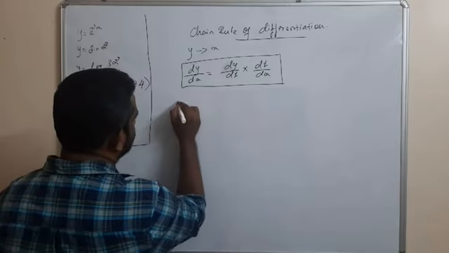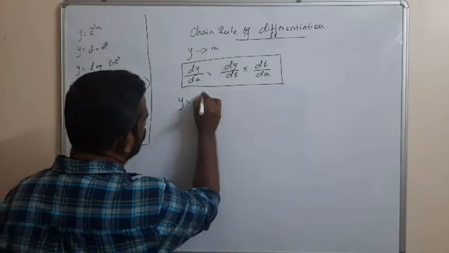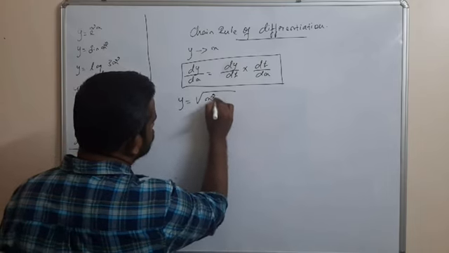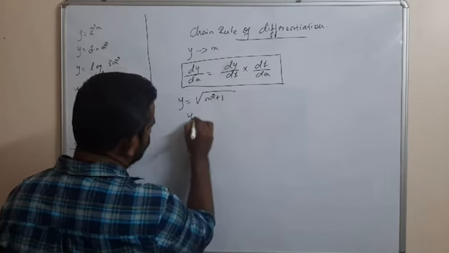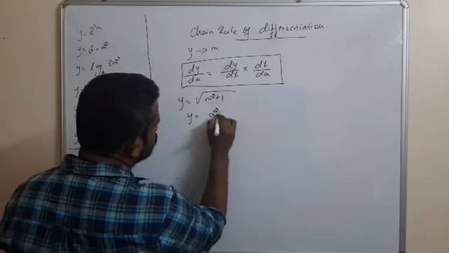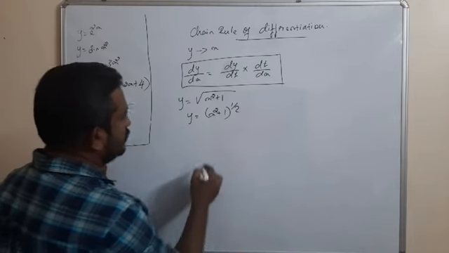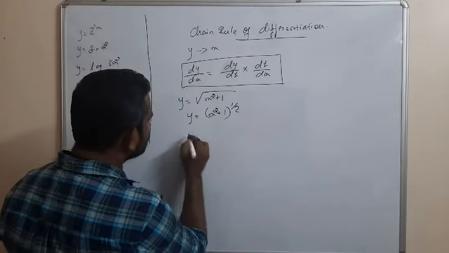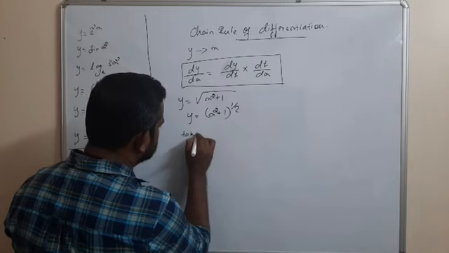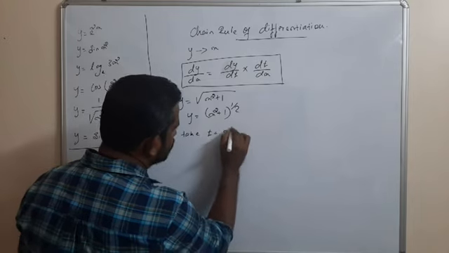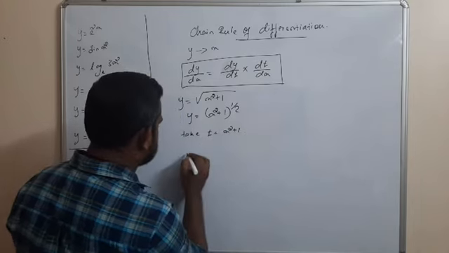So we can do the problem: y is equal to root of x square plus 1. So y is equal to x square plus 1 the whole power 1 by 2. Take t is equal to x square plus 1.